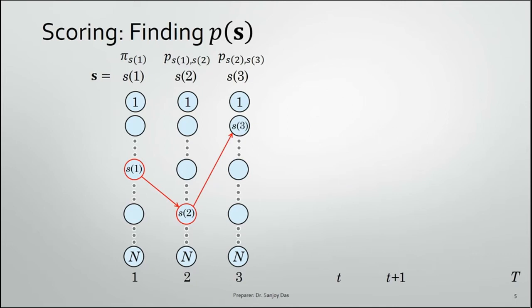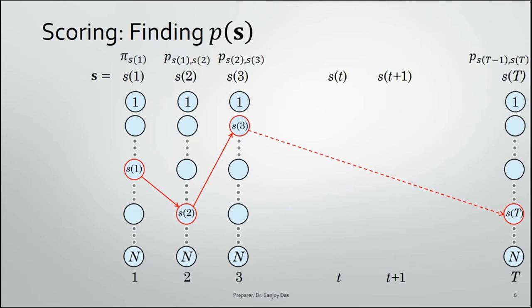The state sequence S1, S2, S3 has a probability pi S1 times P S1 S2 times the transition probability from S2 to S3, which is P S2 S3.